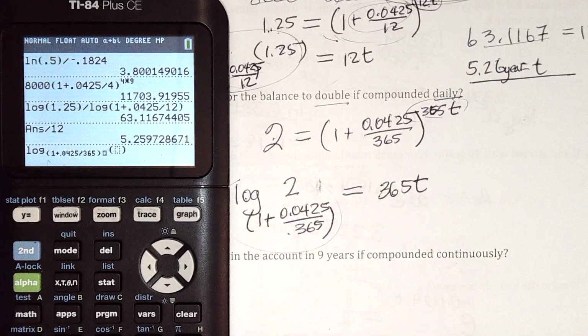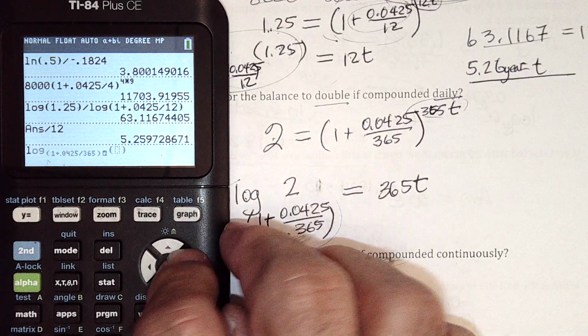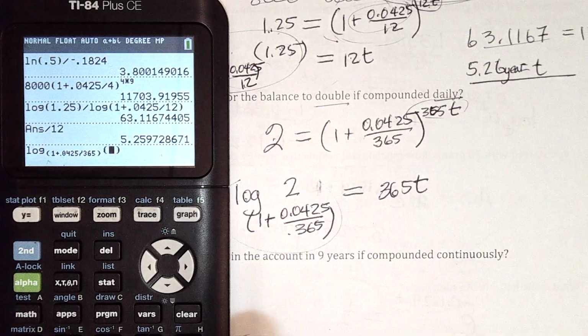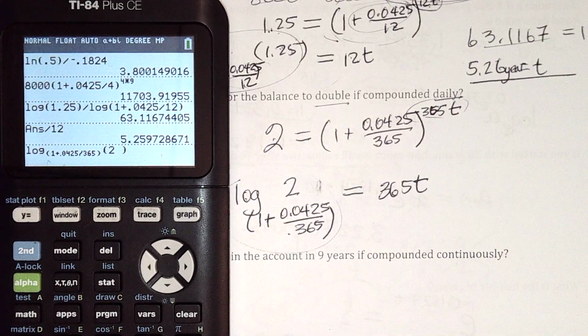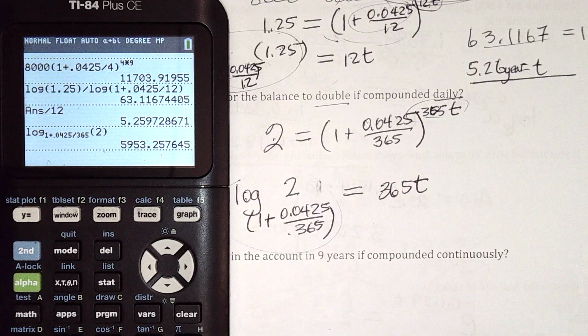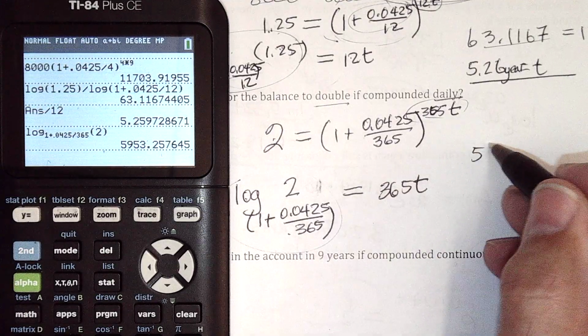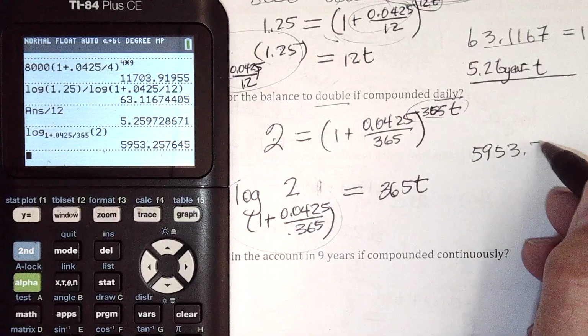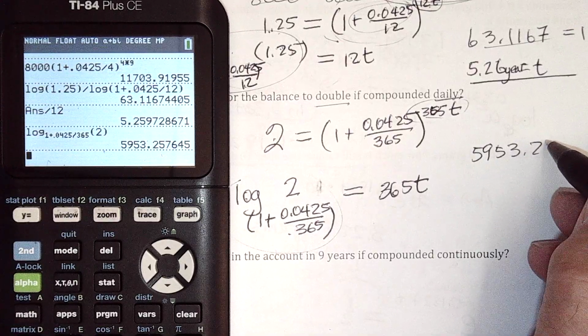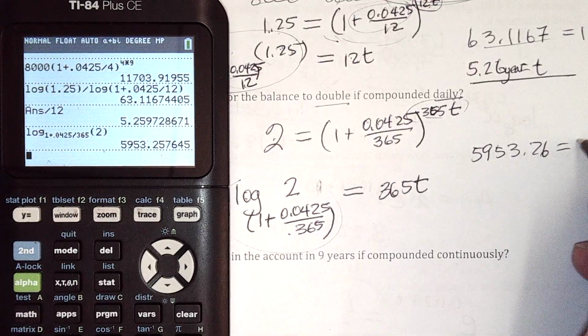So there's the base of the log, and I'm doing it of 2, and I'm going to get that number, 5953.26 equals 365t.